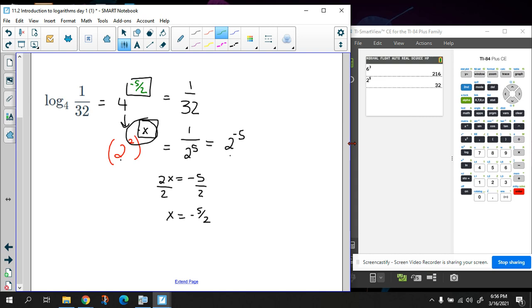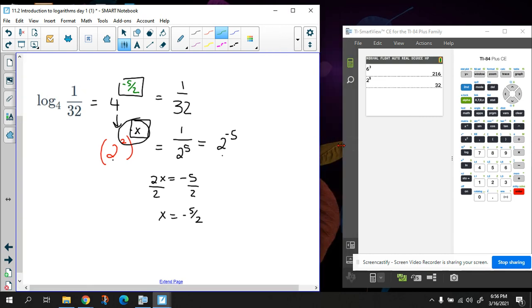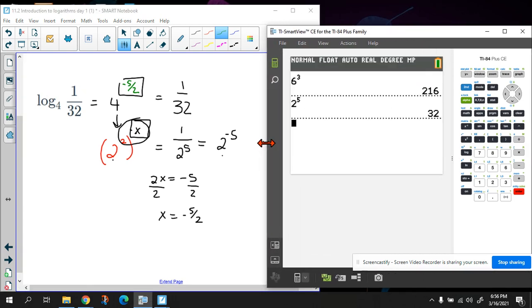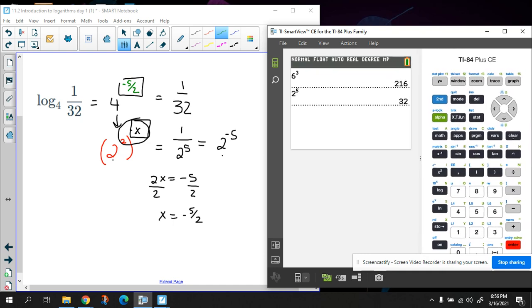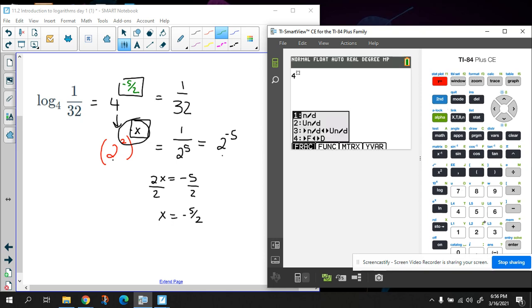I can show you on the calculator that it works. Oh, wait, can I? Yes, I believe I can prove that it works. Got to get creative here. So I'm going to do 4 raised up to the negative 5 halves power.